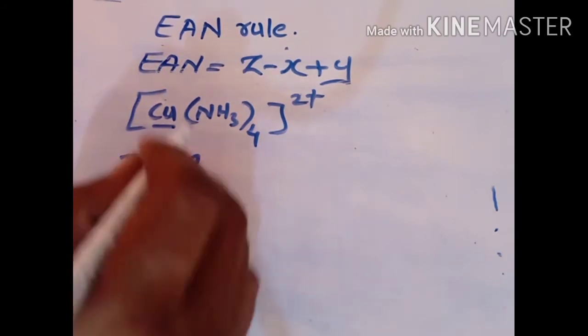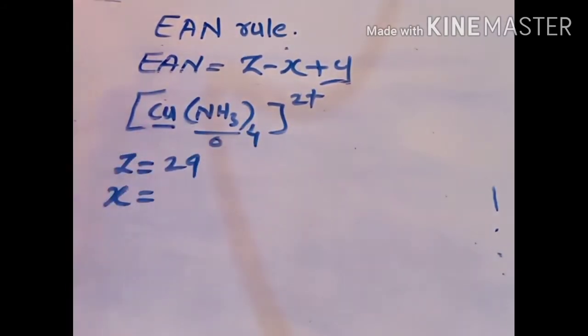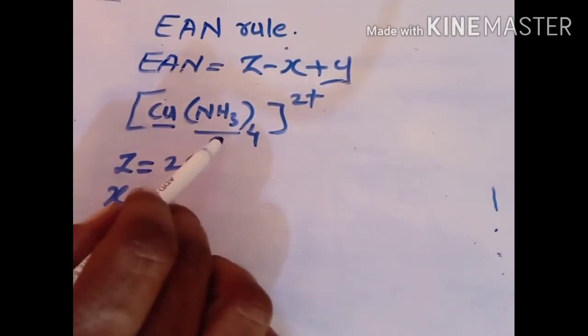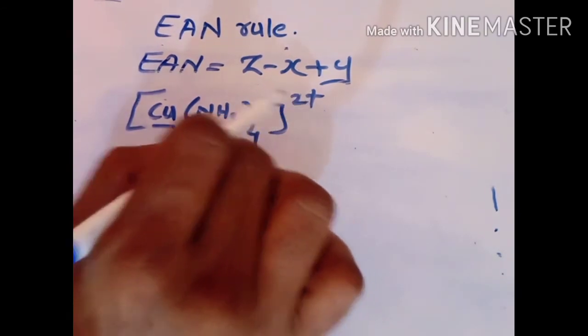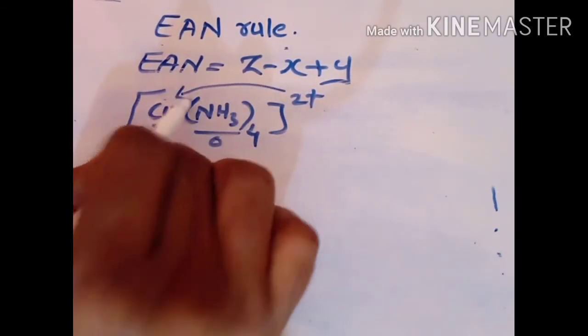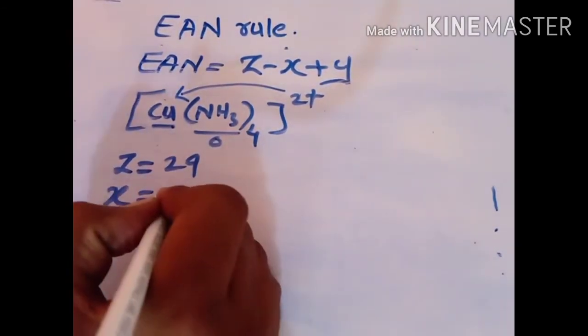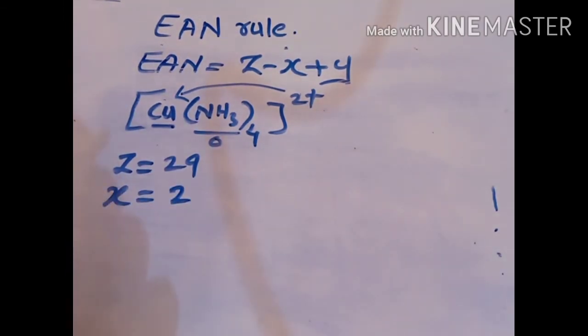Here the neutral ligand is there, that's why it does not carry any charge. The net charge is +2. It means that the oxidation state of copper is +2.